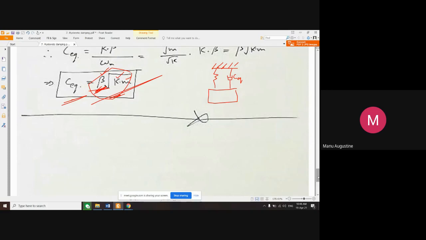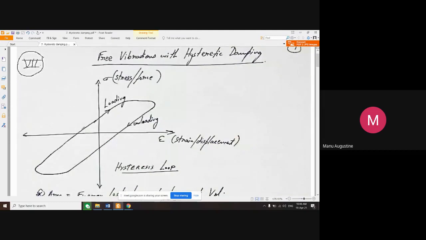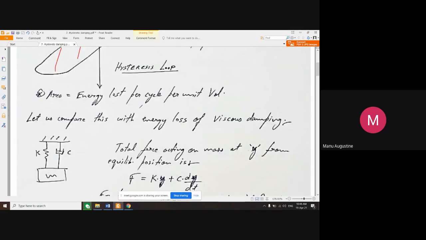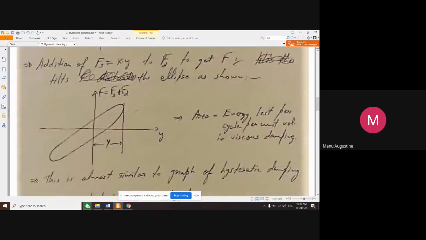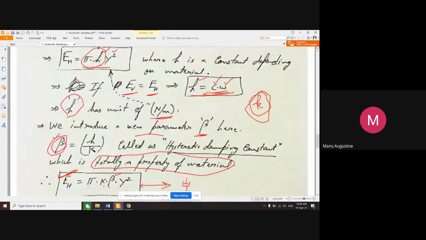First of all, you discuss the hysteresis loop. You say that energy per unit volume per cycle is given by the area of the hysteresis loop. And then without the mathematical analysis, you speak about the constant beta.